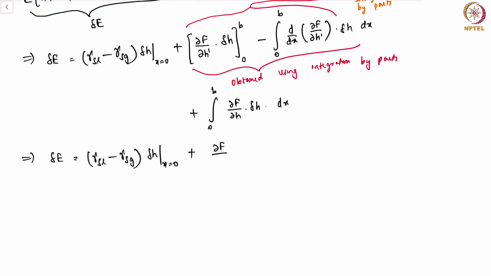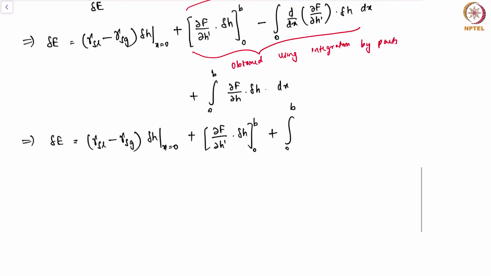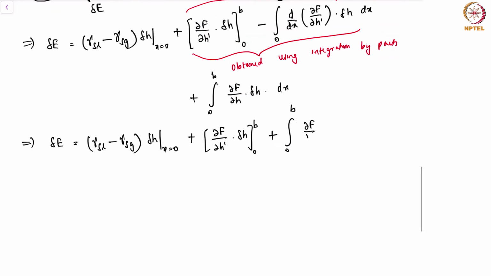Then let's write down this term here first. Del f by del h delta h evaluated at the two extreme limits 0 and b. And finally this quantity can be written in this integral form, that is del f by del h minus d by dx of del f by del h prime dx.